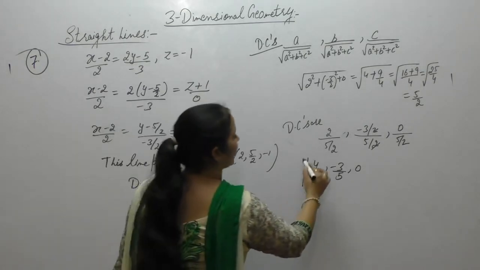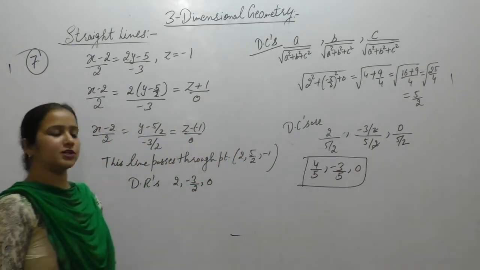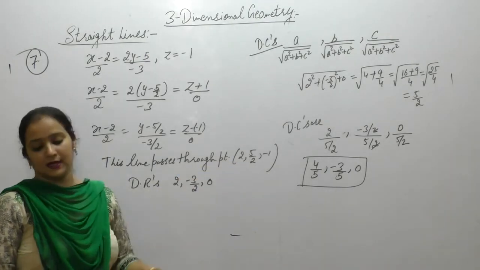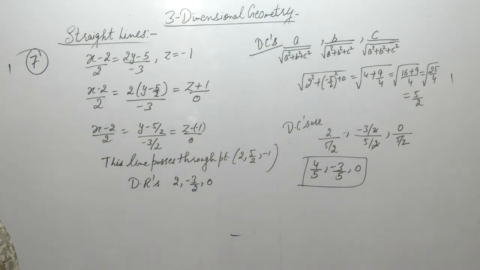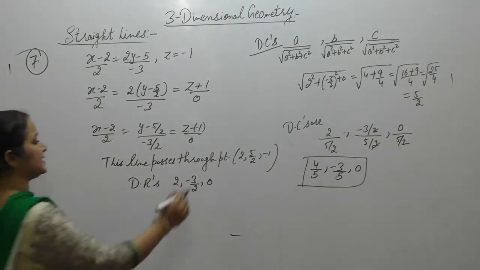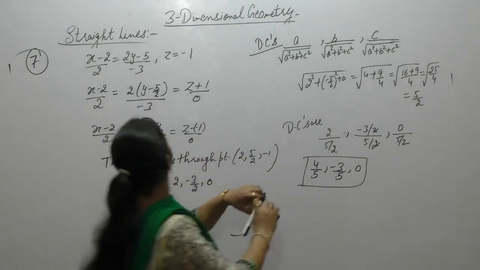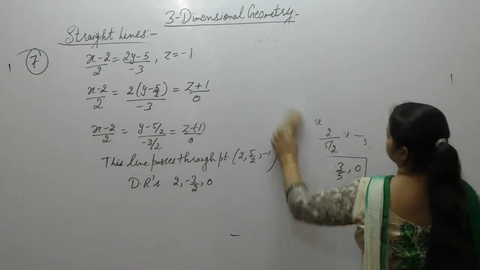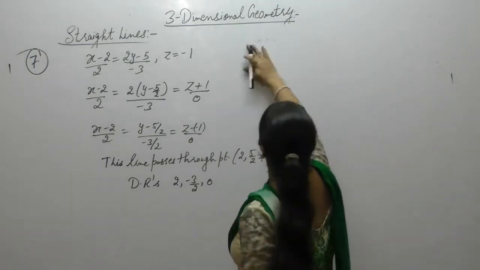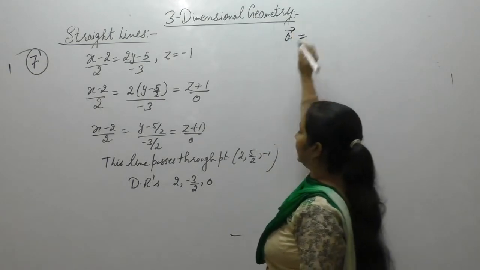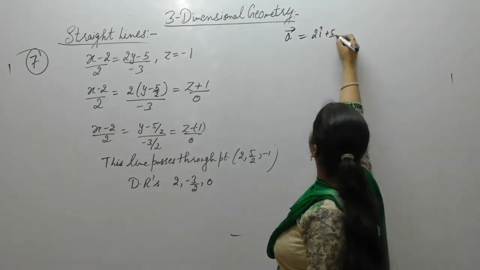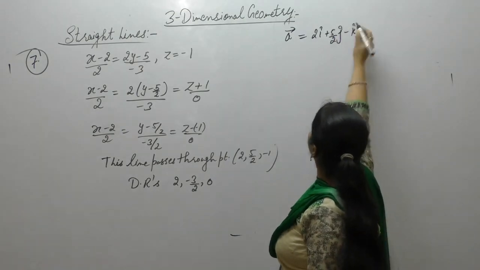Now we want to find the vector equation of the line that passes through this point and whose direction is given as this. So this is a vector. For the vector equation, what is a vector? The line passes through this point, so 2i cap plus 5 by 2 j cap minus k cap.